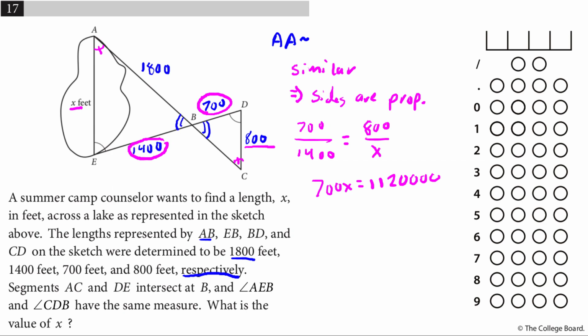The pattern I'm seeing is this is 2 times that. So then this has to be 2 times that. And 2 times 800 is 1600. So I could do it this long way, it'll get me the correct answer, but this is a whole lot easier. So let me just do it that way. So 1600 feet. 1, 6, 0, 0.